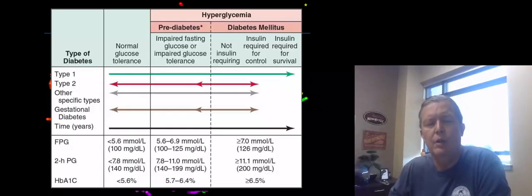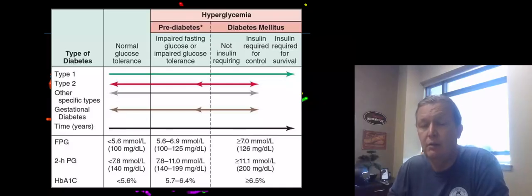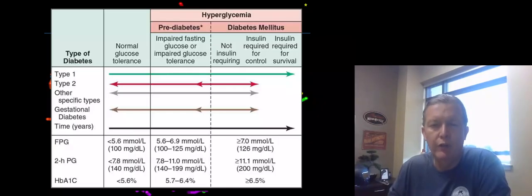And then the 2-hour plasma glucose is 140 to 199. So it's coming up to those earmarks of 126 and 200, approaching that, but not there yet. That's what we mean by prediabetes. And of course, the more of these that are in this range, the more confirmatory it is as a predictor for the development of diabetes.